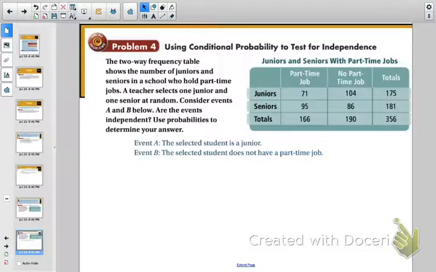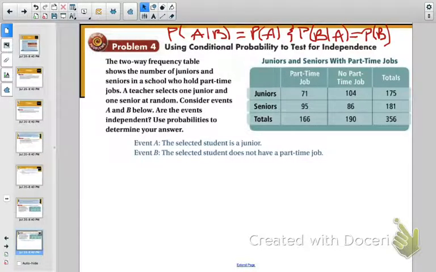Okay, so I've rewritten what we need to check on the top. Probability of A given B equals probability of A. So first let's figure out what the probability of A is. The probability of the student being a junior would be 175 juniors out of 356 total.